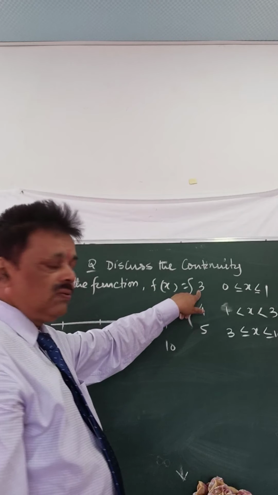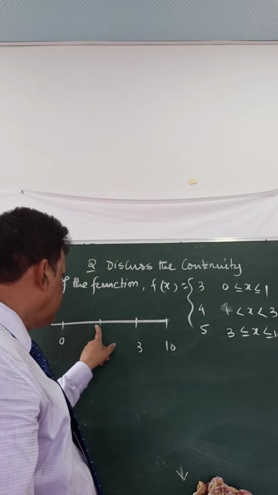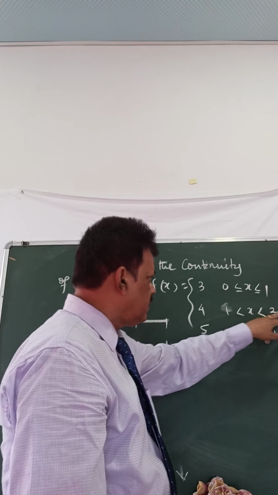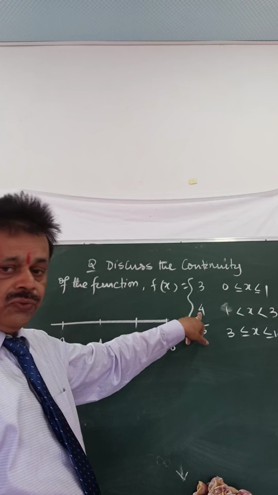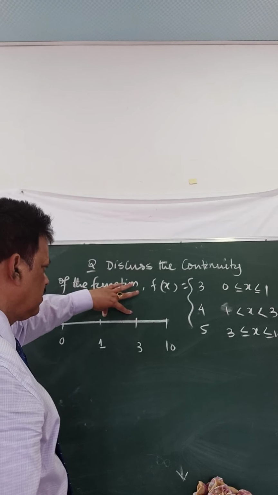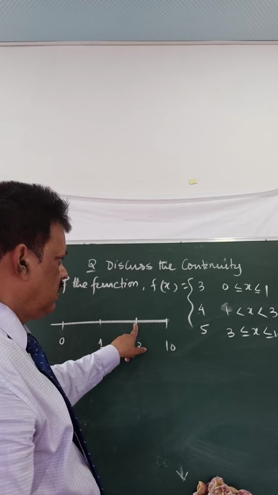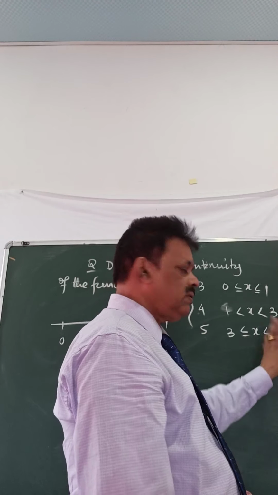It's 3. What is 3? A constant function. So a constant function will be continuous. Okay, between 1 and 3 the value is 4. 4 means a constant function. So the graph will be continuous. Again between 3 to 10 the value is 5, so it is also continuous.